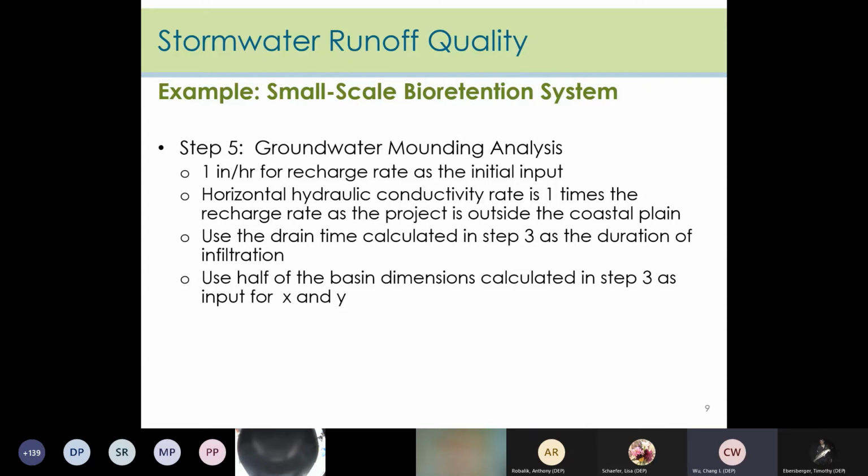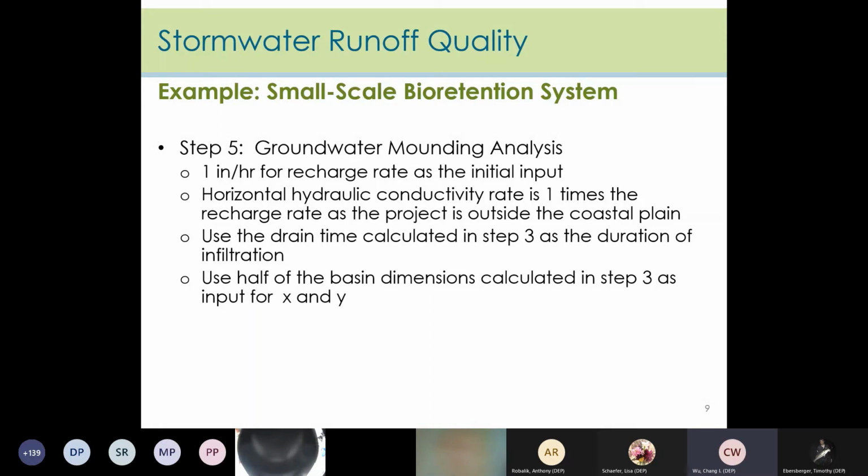After checking the separation requirement, the next step is to check the groundwater mounding analysis, whether there would be an adverse hydraulic impact. For the groundwater mounding analysis, we utilize the groundwater mounding analysis spreadsheet. It will be shown in the next slide.